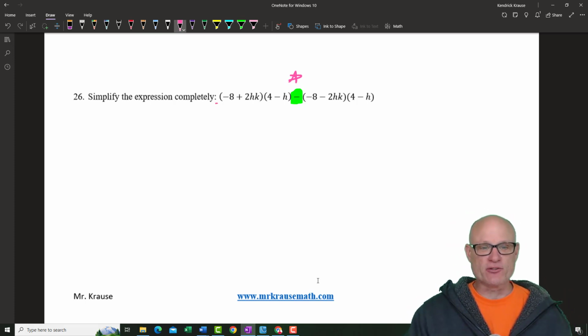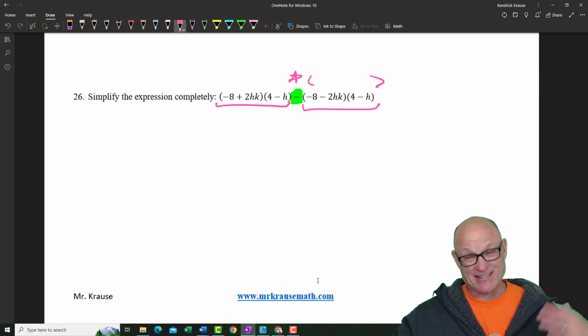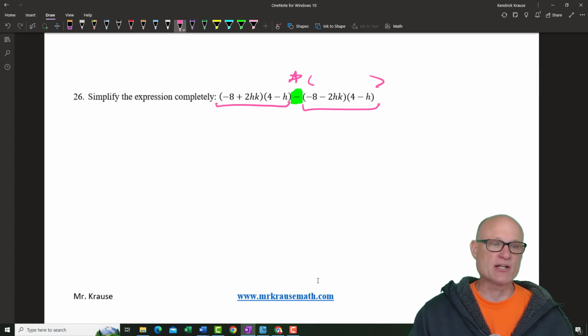All right, actually what I'm going to do is I'm going to double distribute these. Now the key is this one needs to stay in parentheses because it's after the minus, and the minus is a pain in the neck. All right, so I got to just do this carefully.